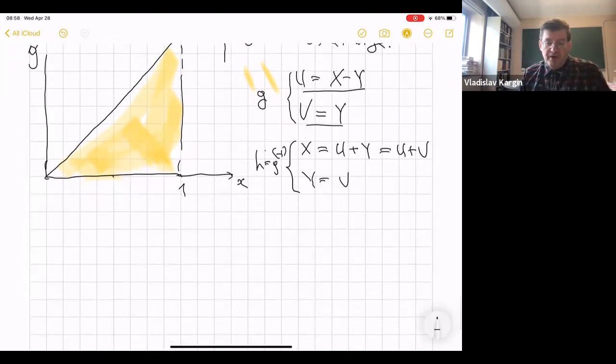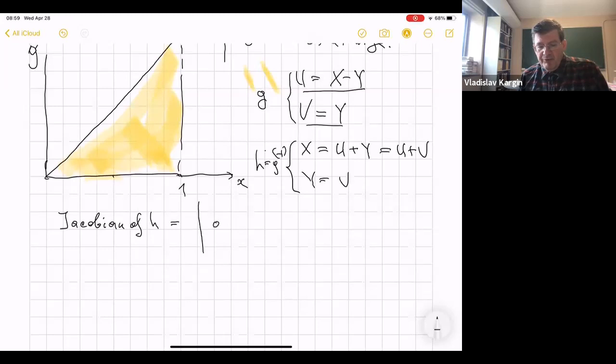Now, in our formula we also have the Jacobian of this inverse transformation. So the Jacobian of H is the absolute value of the determinant, where we need to write down the partial derivatives. The first element is the partial derivative over u of the first inverse function, u plus v.